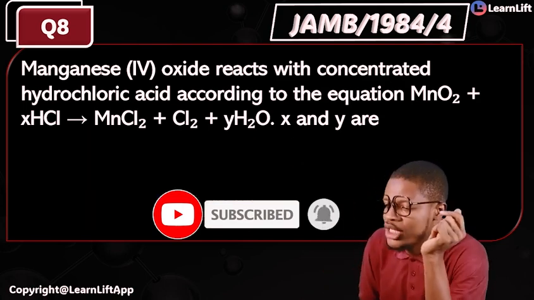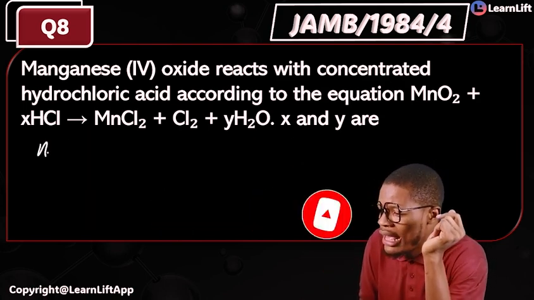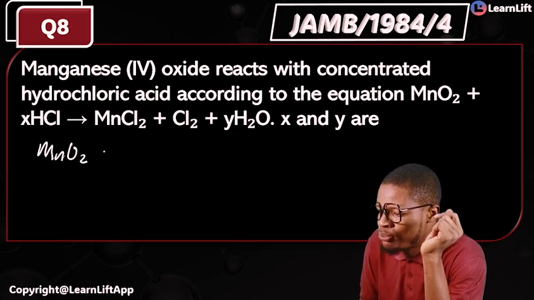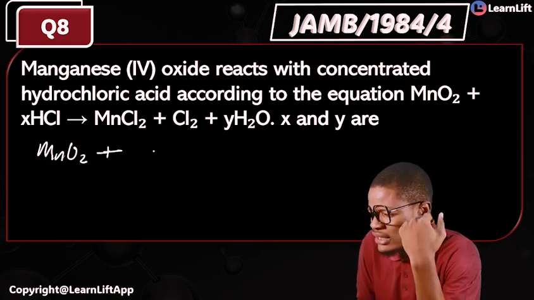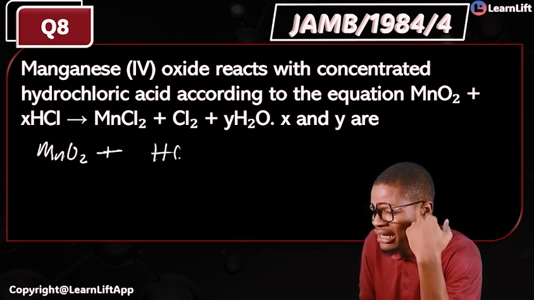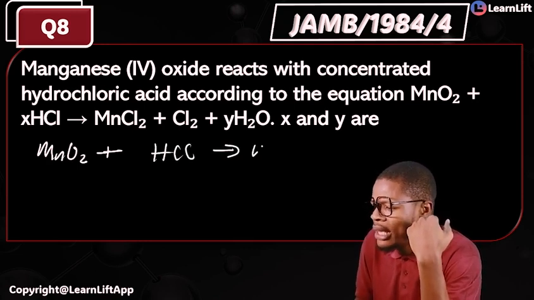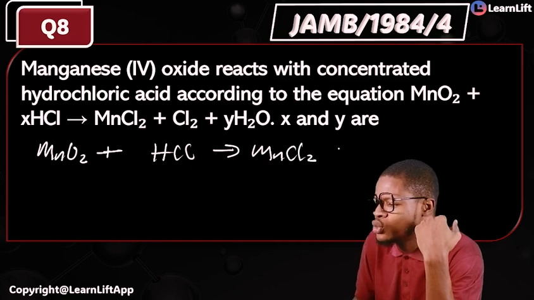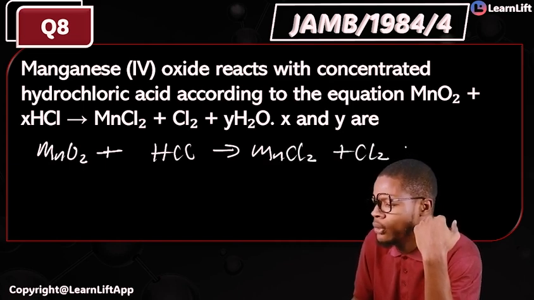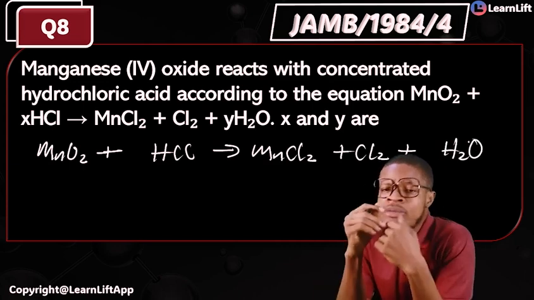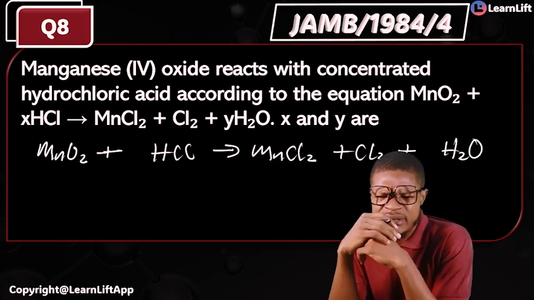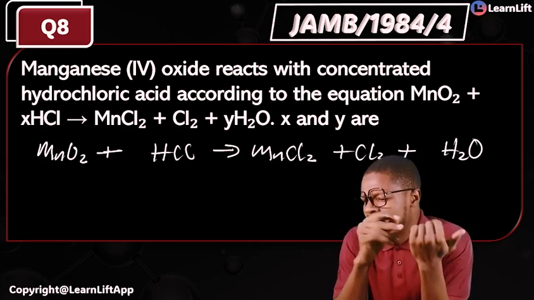So what is the equation? The equation is your MnO2 plus your X, let's take out that X first, plus your HCl is going to give us MnCl2 plus Cl2 plus your Y, just so that it's H2O that is there. Can we solve this easily and directly and see what our X and Y are going to give us?